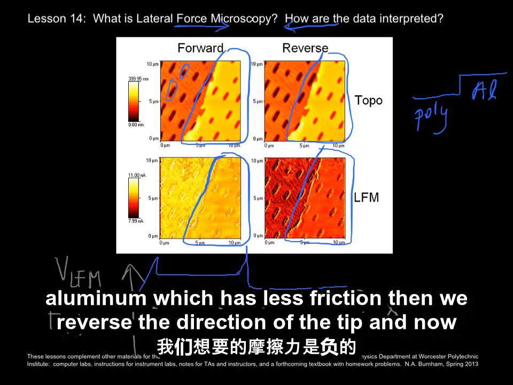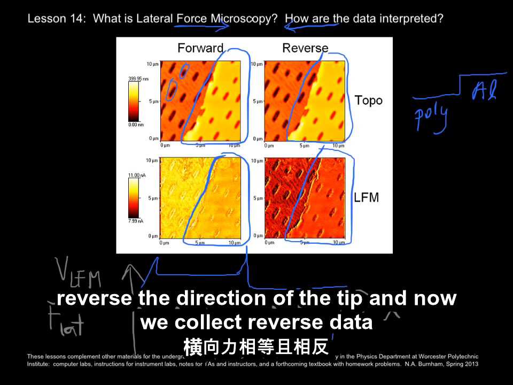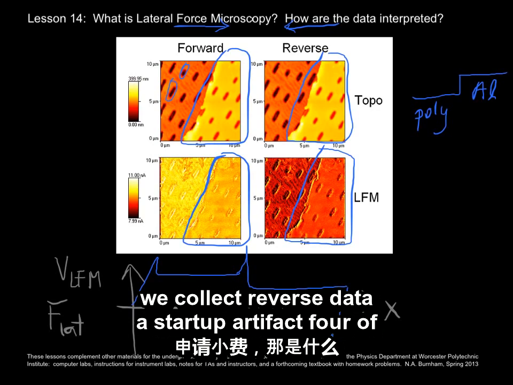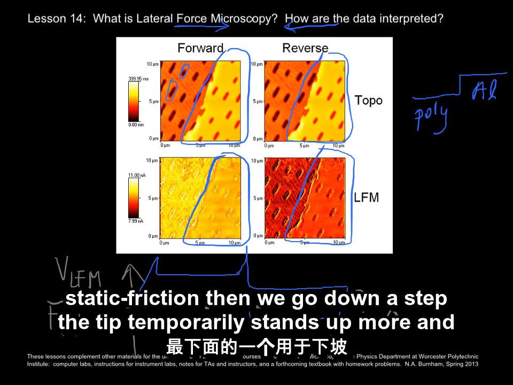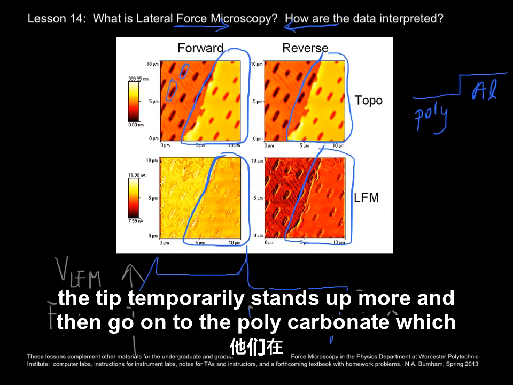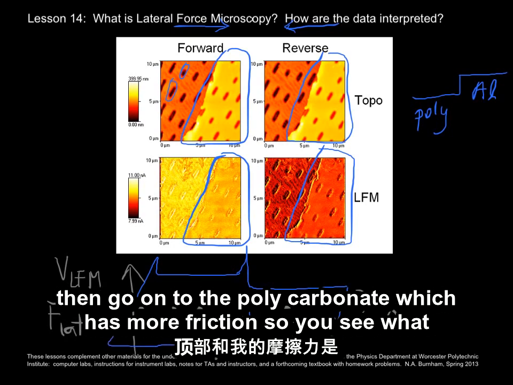Then we reverse the direction of the tip, and now we collect reverse data, a startup artifact for static friction. Then we go down a step, the tip temporarily stands up more, and then goes on to the polycarbonate, which has more friction.